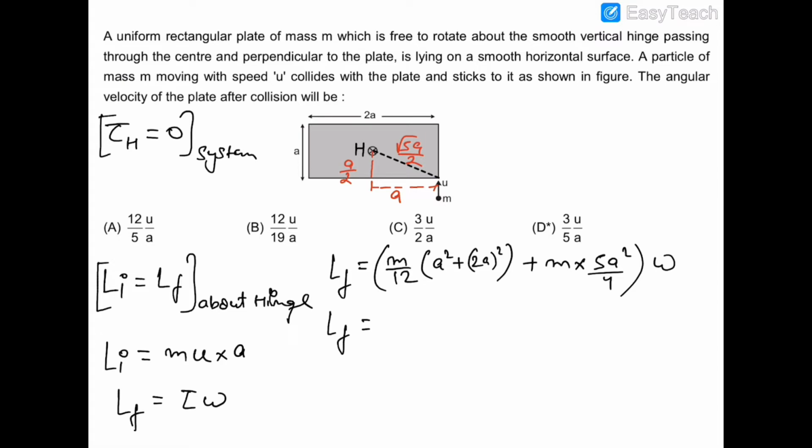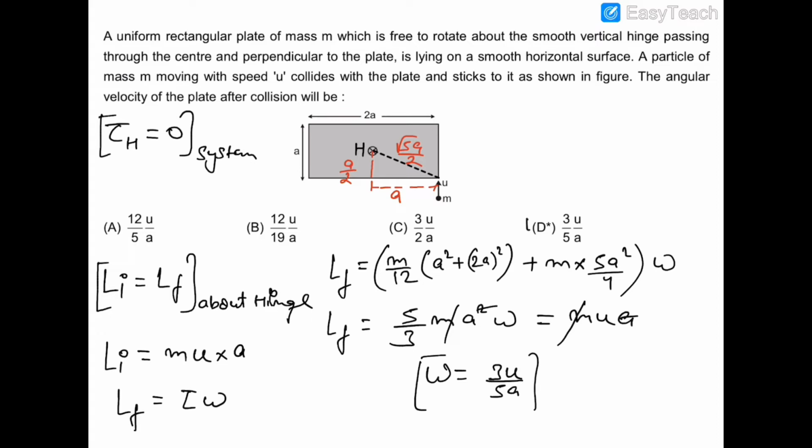So 5 by 12 plus 5 by 4 would be 5 by 3 Ma square into omega, and this will be equal to the initial angular momentum. So the initial angular momentum was equal to mua. So cancelling M with M, a with a, omega will be equal to 3u by 5a. So the correct answer will be option number D.